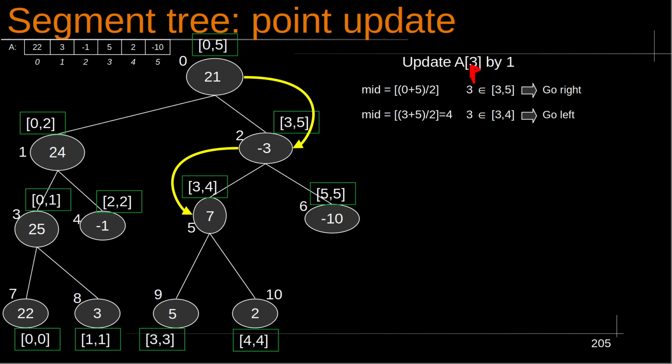Now I need to calculate the middle of 3 and 4, which is 3. So I need to know which side I will go to, 3 to 3 or 4 to 4. Of course, 3 lies in 3 to 3, so I go left.